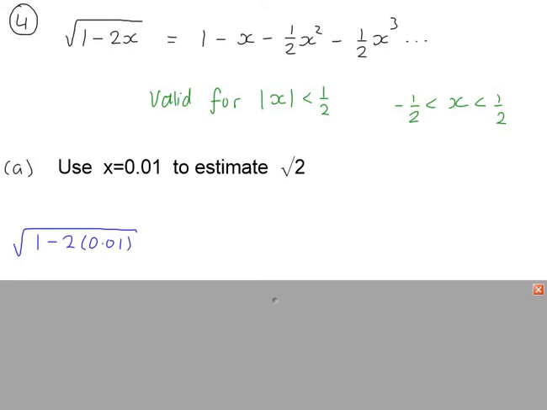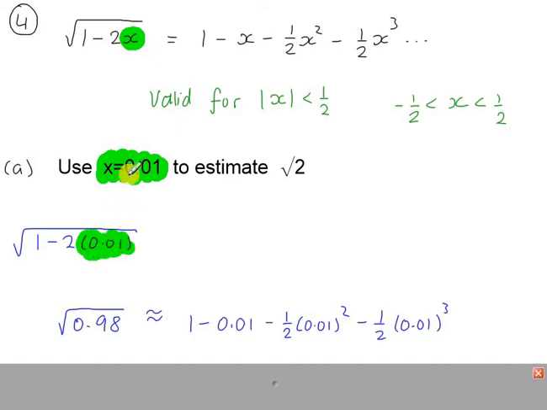So if I substitute in x equals 0.01 into here, and then I put the same value of x into my expanded terms, like this, and 0.98 is just the simplified version of all of this, what I get here will be my estimate. My value of x that I'm using is in the interval.